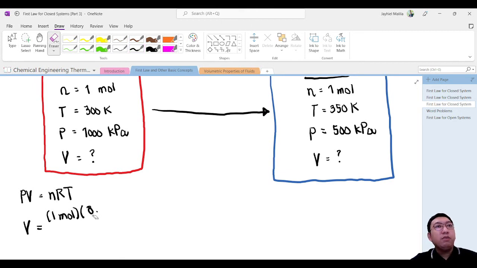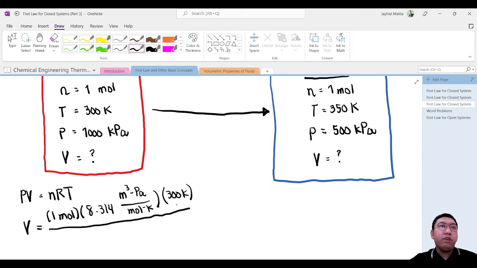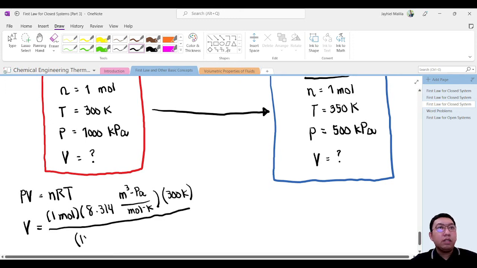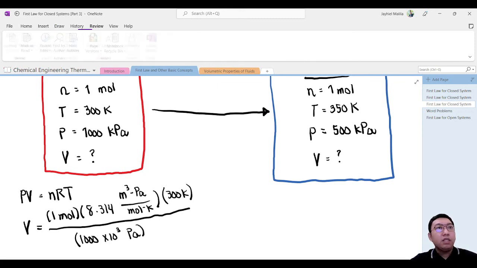Oh, oops, I almost forgot the value for R. 8.314 m³ Pascal per mole Kelvin. And then the temperature is 300. Okay. And then the value of your pressure is 1000 times 10 to the power of 3. So let me solve this quickly.